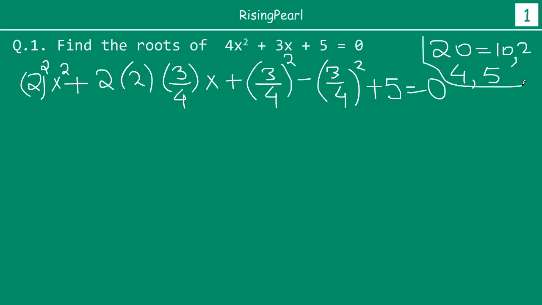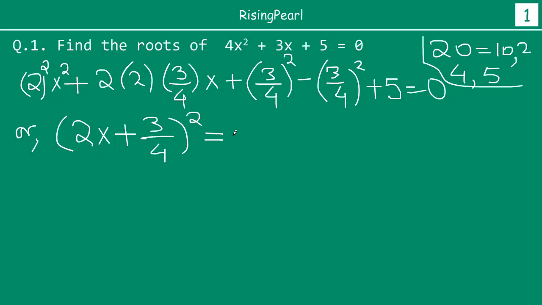So let us just get this on the side. What we have, friends, from here is 2x plus 3 by 4 whole square, and then here we have minus 3 by 4 whole square plus 5.